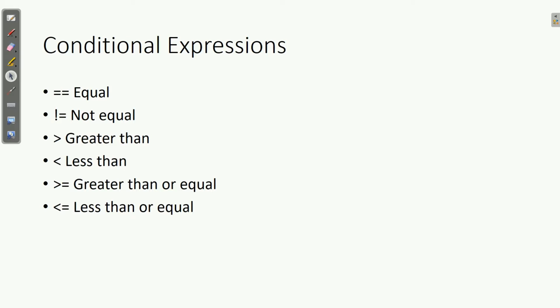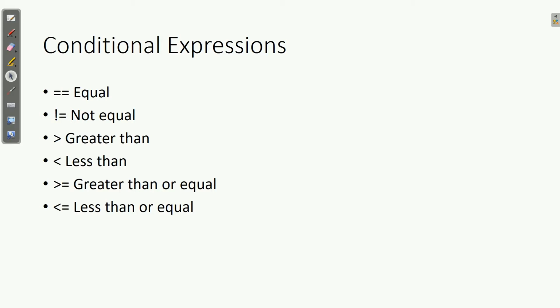The double equal sign will compare two values. The exclamation point equal is our not equal. We also have greater than or less than. We have greater than or equal. We have less than or equal. And we'll be looking at all of these as we go through.